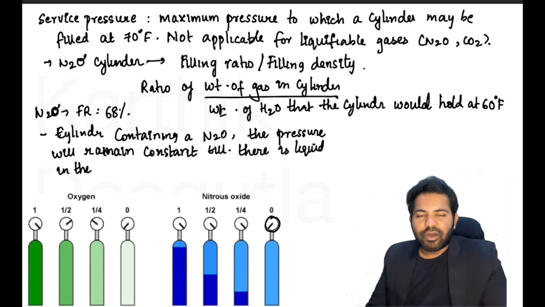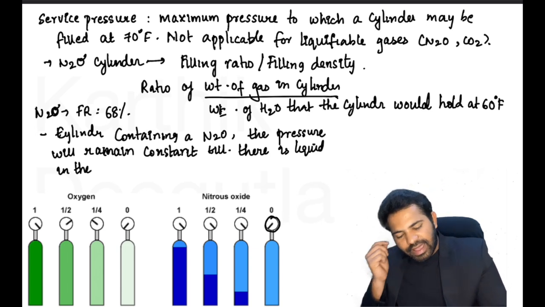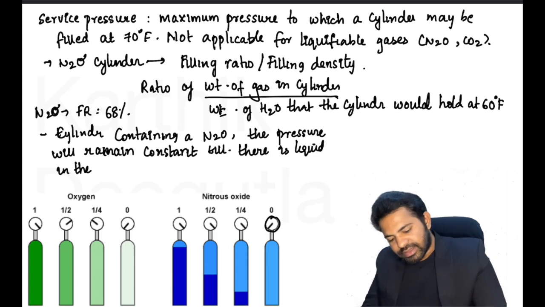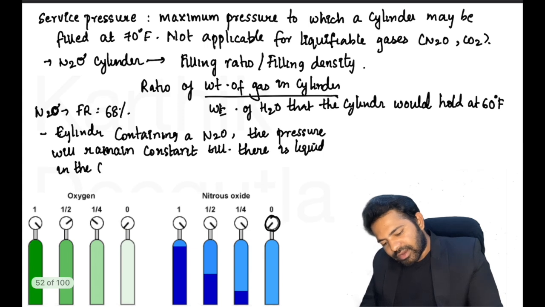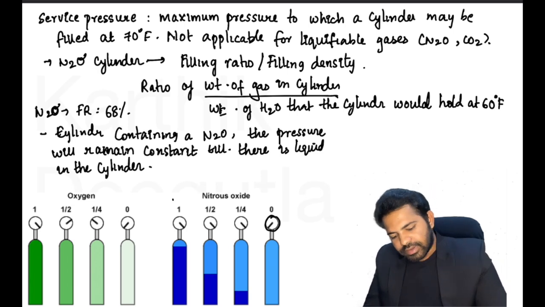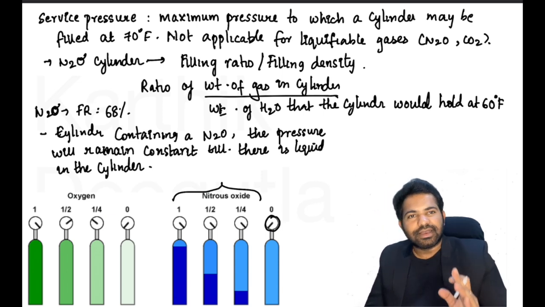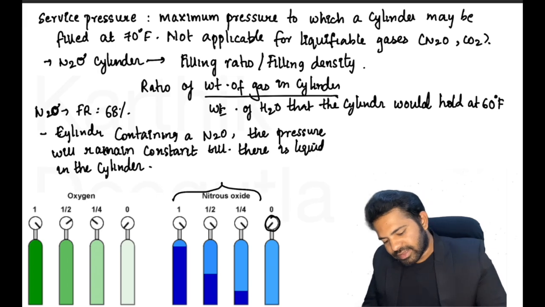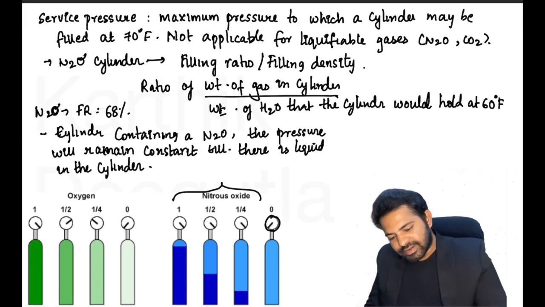Once the liquid component is completed and there is only gas, then there will be a fall in the pressure on the pressure gauge. Alright, this is very important. Until there is liquid remaining in the cylinder, the pressure gauge will not show that the cylinder is empty. Okay, this is a drawback of nitrous oxide cylinders.